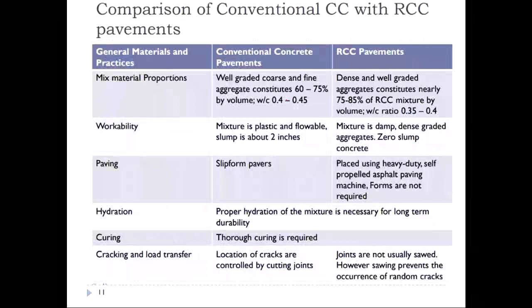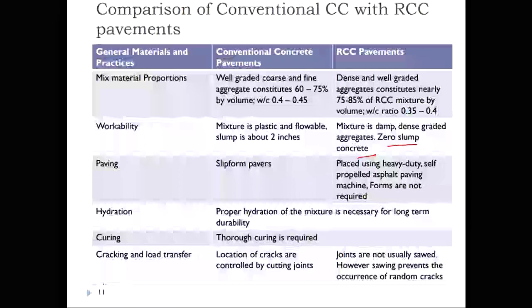when compared to the conventional concrete. In case of workability, your roller compacted concrete pavement is basically a zero slump concrete, whereas we need sufficient workability in the case of conventional concrete pavement mixes. Now let us see the paving equipment.